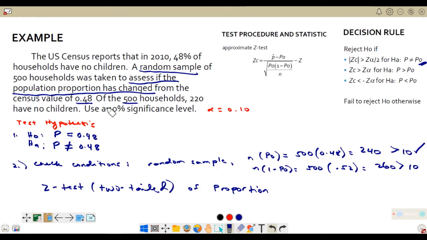So, according to our problem, step 3, our level of significance is 0.10. Okay?